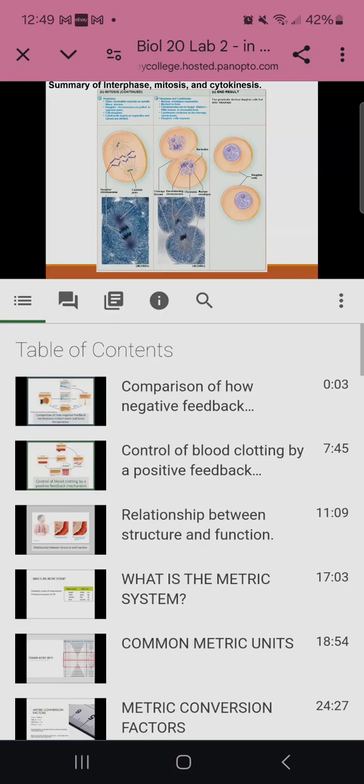So the sperm gives half of its genetic information and the egg gives the other half. So with 23 chromosomes each, the individual will end up having 46 chromosomes. But if the sperm had 46 chromosomes and the egg had 46 chromosomes, then the individual would have 92 chromosomes. It's not normal, okay?